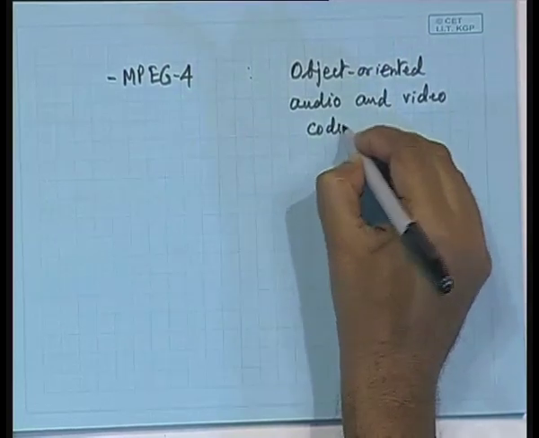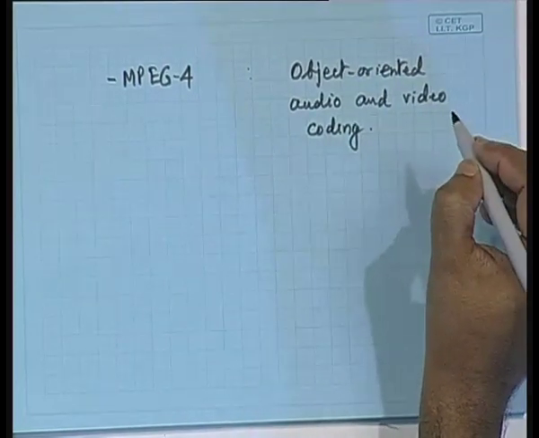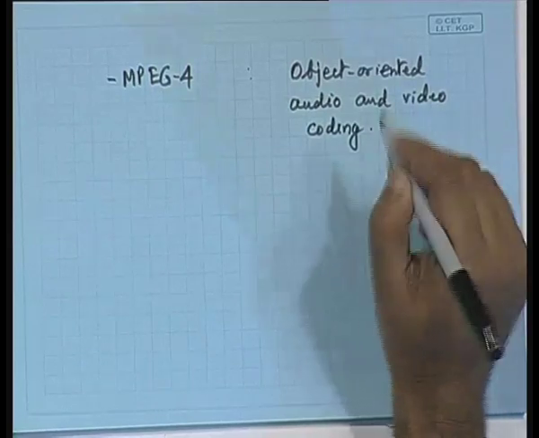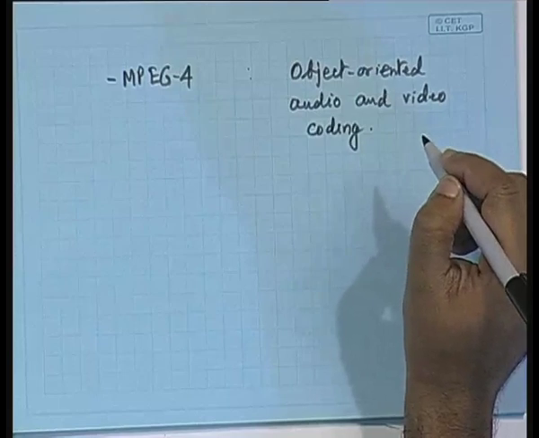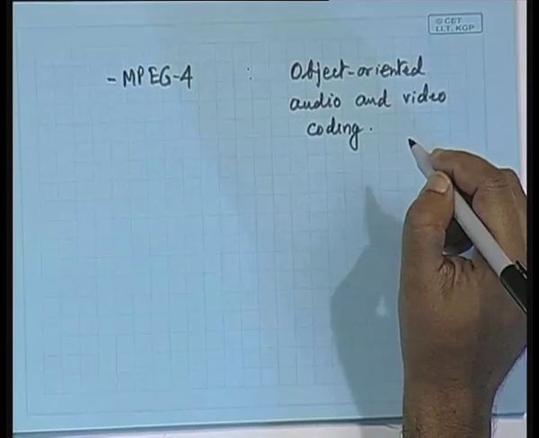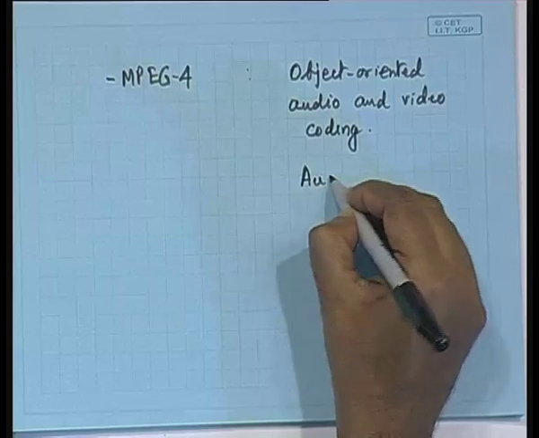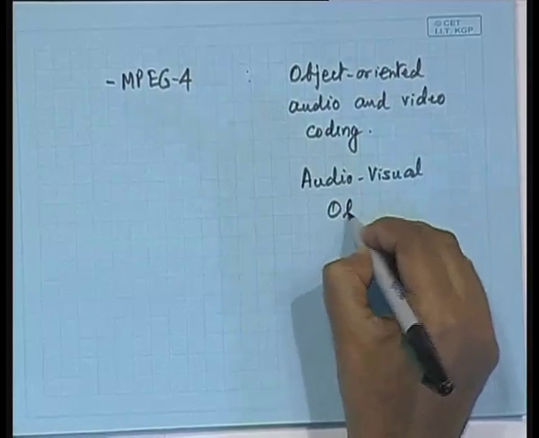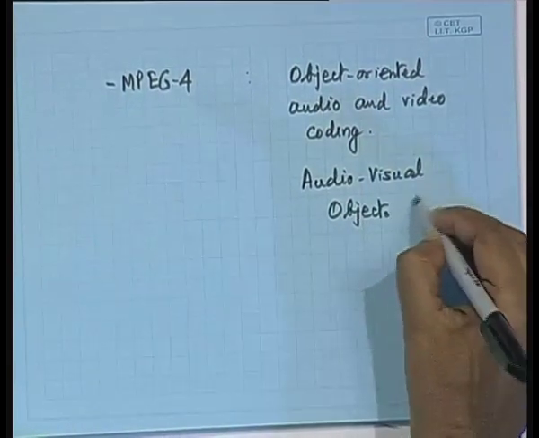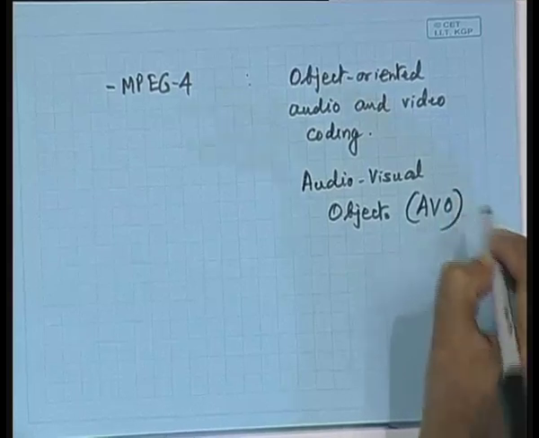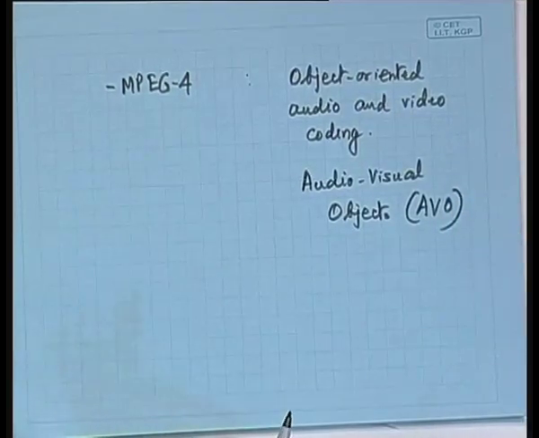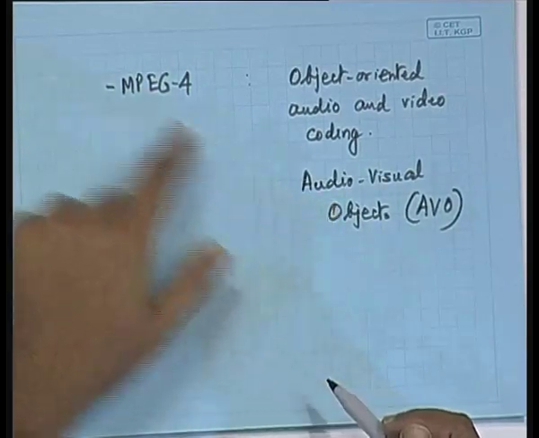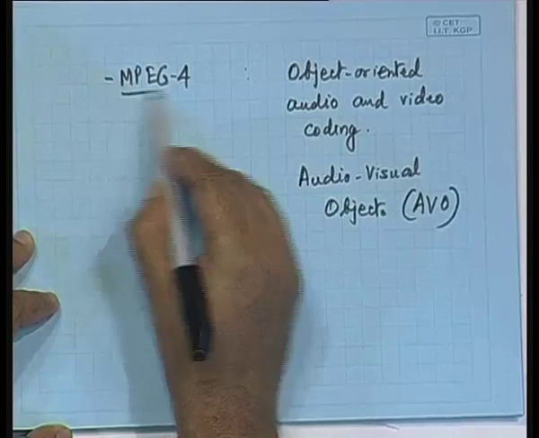So, basically in the MPEG 4 standard, every video stream and every audio stream, or every part of a video or part of an audio, is referred to as an audio visual object. So, it evolved the concept of audio visual objects, in short called AVO, and AVO is the main key behind this MPEG 4 standard.